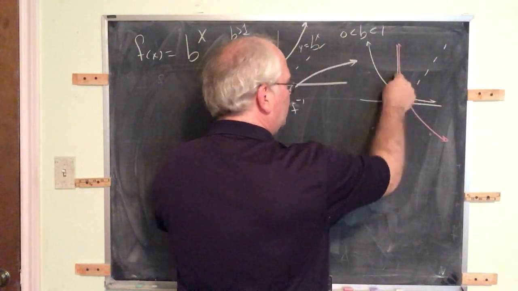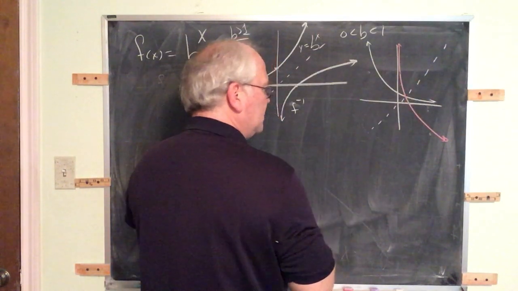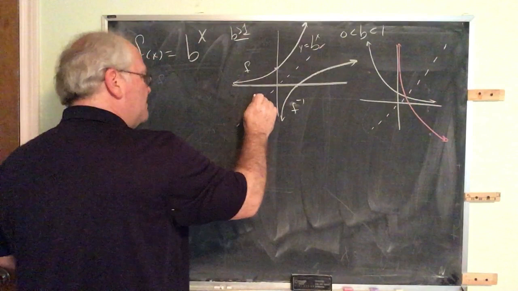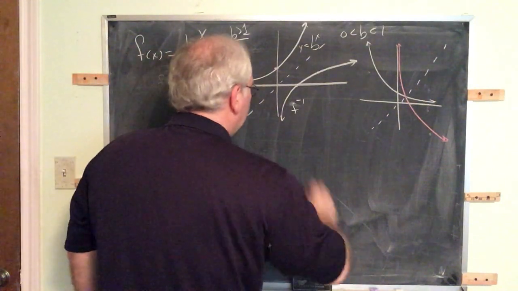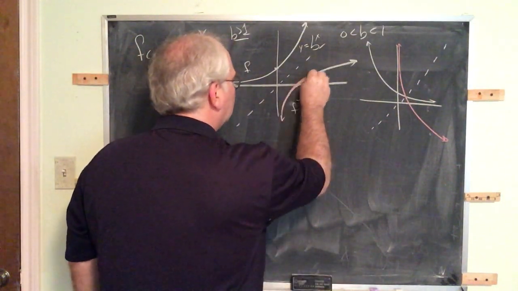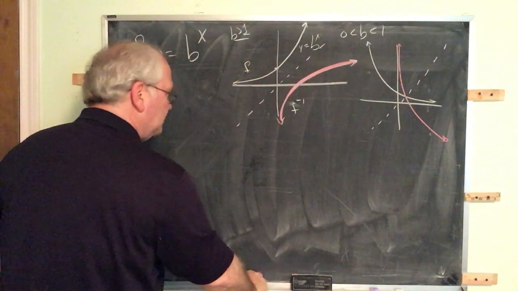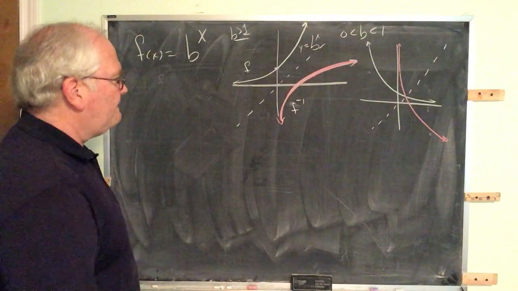It is the mirror image as you reflect across this line. For our purposes, this is much less common. This is much more common. This is the inverse of the original function. All right?